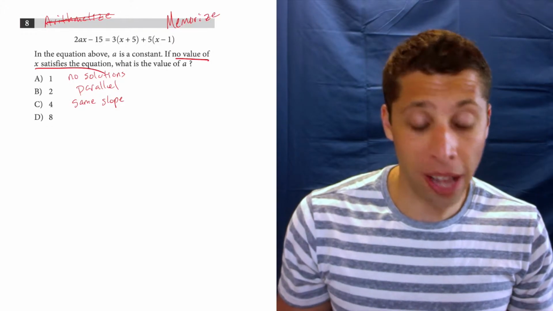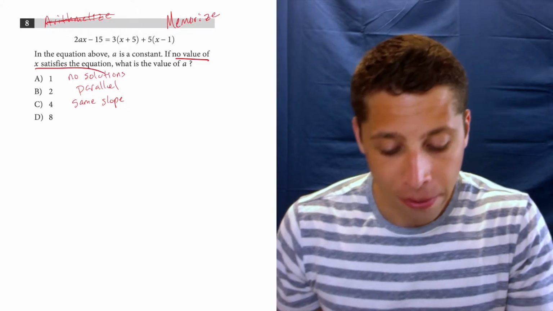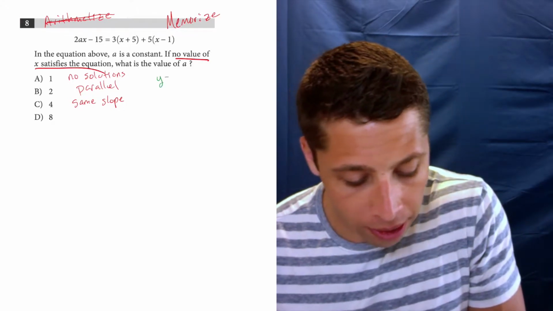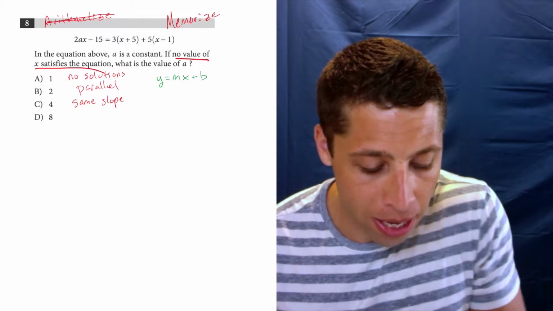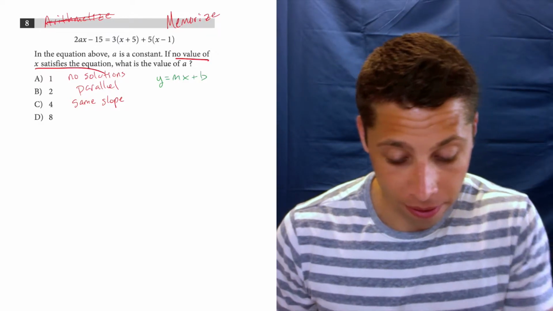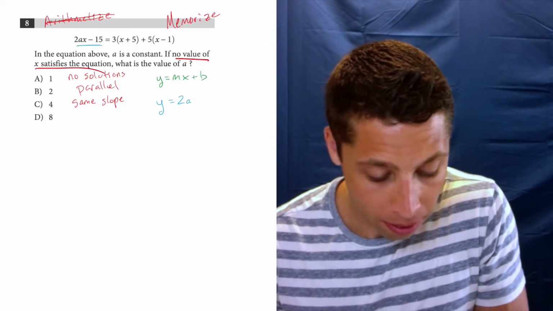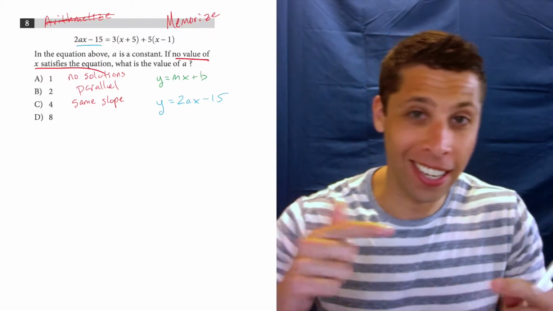But I don't know if I'm dealing with lines here. This looks crazy. Here's a case where you might just make an assumption. And in fact, if we think in terms of y equals mx plus b, the left side of this equation kind of looks like that, right? It's a little different, and I'm going to add the y part, but it kind of matches up.